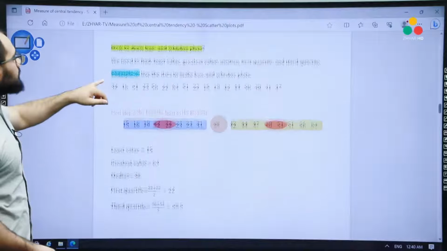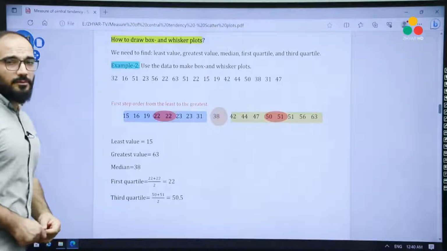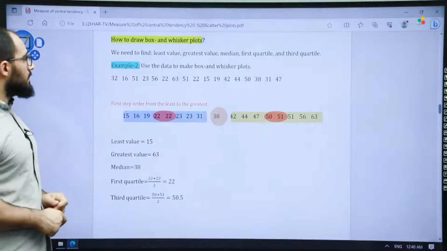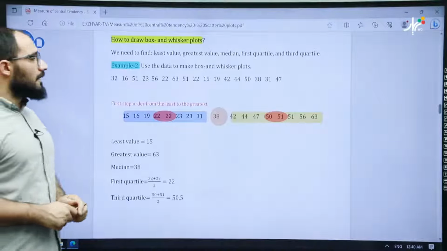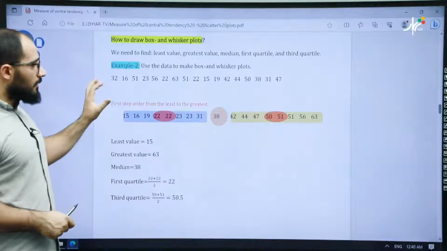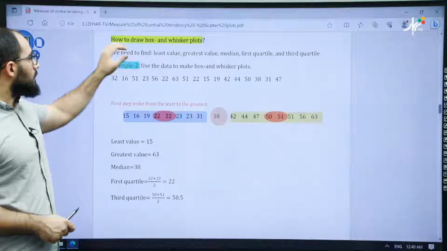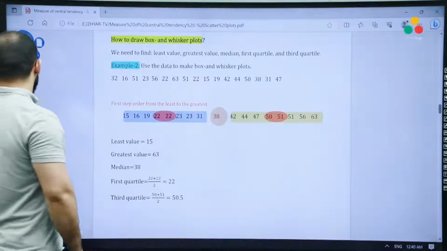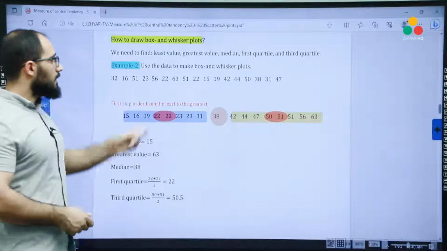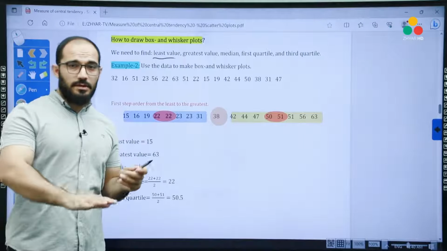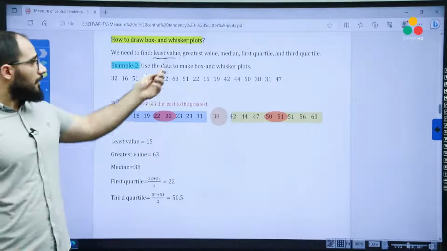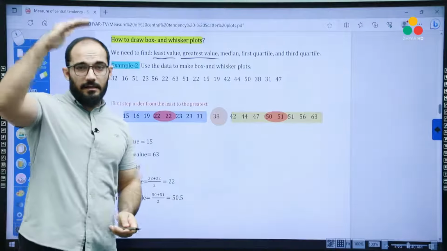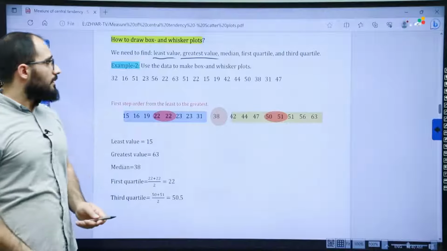Okay, then we have another part of this subject. It is how to draw box and whisker plots. It's quite important to know how to draw box and whisker plots. So here we need the least value, the smallest number in the data, and also the greatest value, the biggest number in the data.